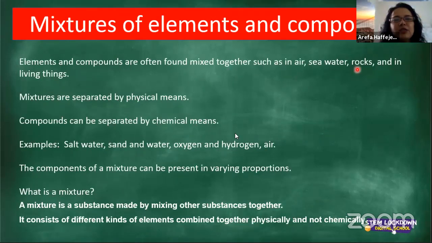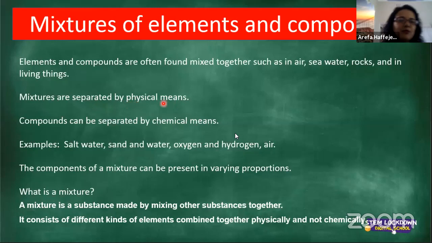So we have mixtures and elements and compounds. Now, elements and compounds are found in mixtures together, such as air, seawater, rocks, and in living things. Mixtures are separated by physical means.